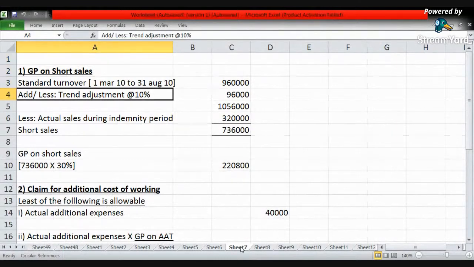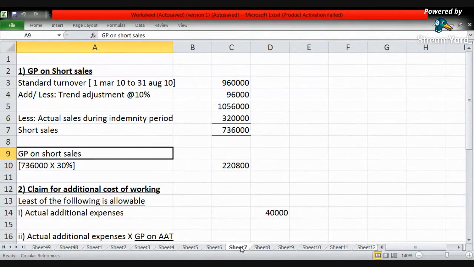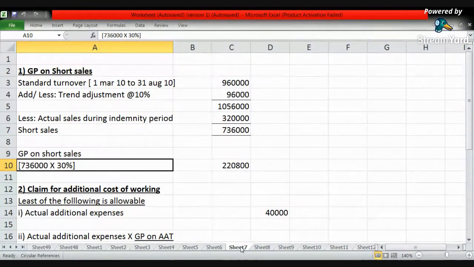That rate, 30%, we apply on short sale. You can take this as a format: standard turnover, add or less trend, so you get adjusted standard turnover, less actual sale during indemnity period. What you get is the shortage in sales, short sale. GP rate into short sale gives gross profit on short sale.